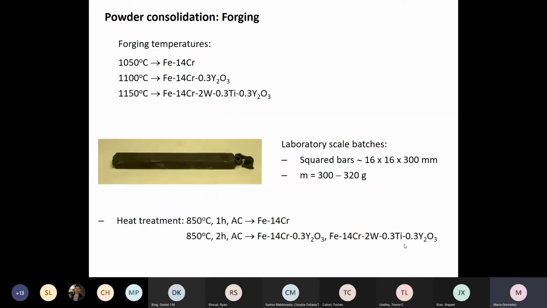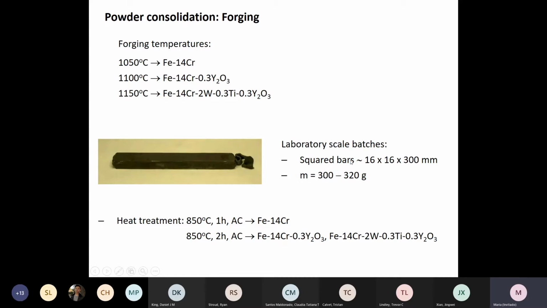We combine the HIP with a forging process, which has been done for, I don't know, centuries in history. But this process is still applied, and depending on the composition of the powder, we may require higher temperatures. Here we can see that our alloy containing tungsten required the highest temperature for forging. And this is what we obtained.